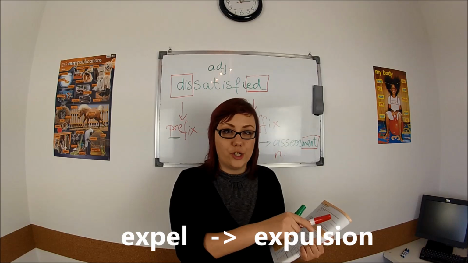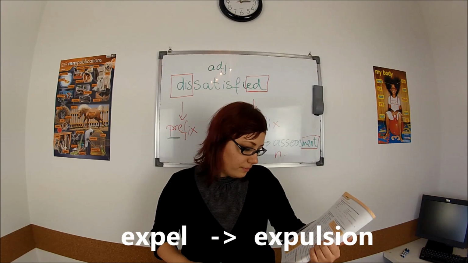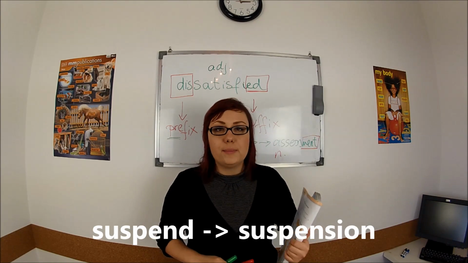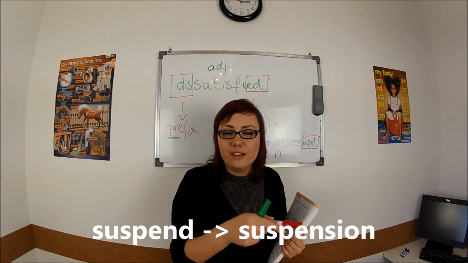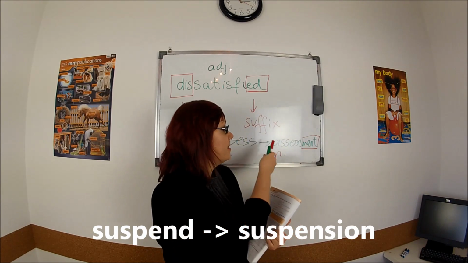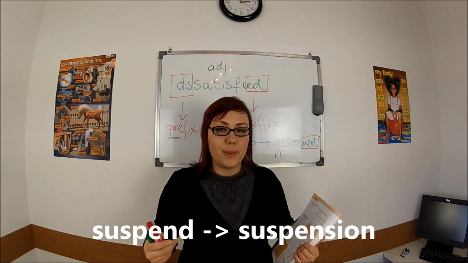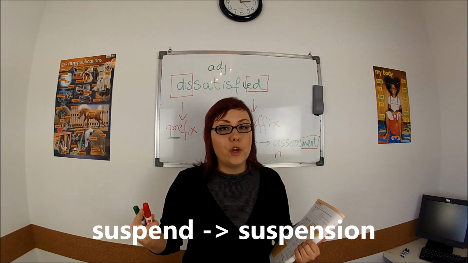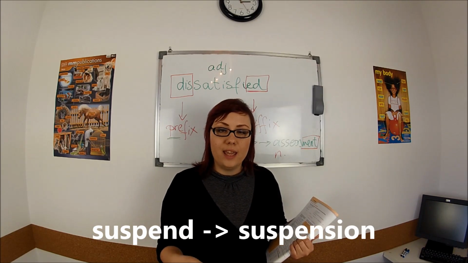Expel and expulsion, okay? The next one is suspension. Suspension, tion, you can see it's a noun suffix, so you know it's a noun. And the verb is suspend, okay?